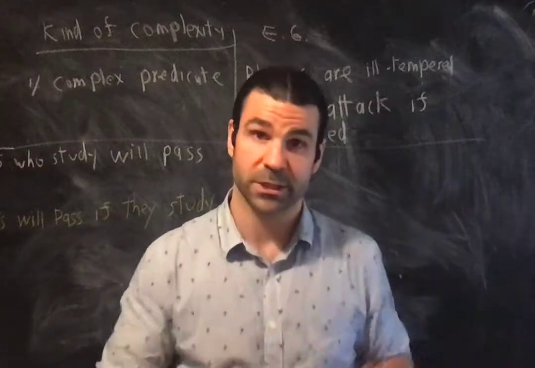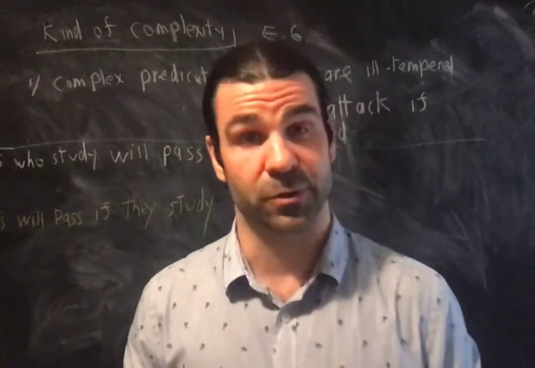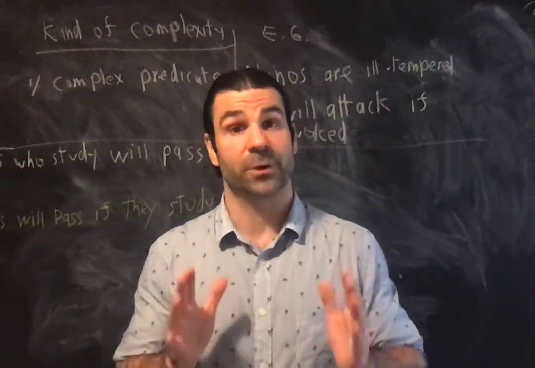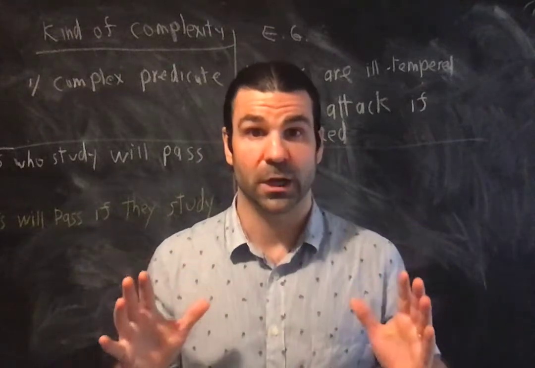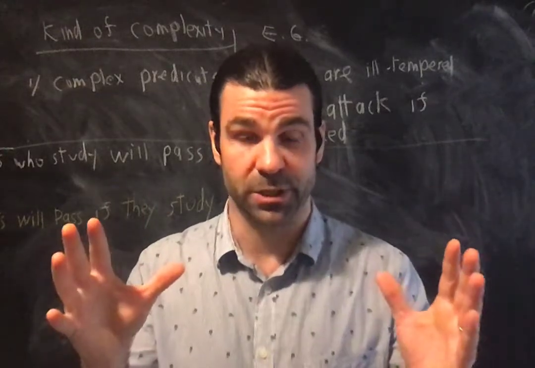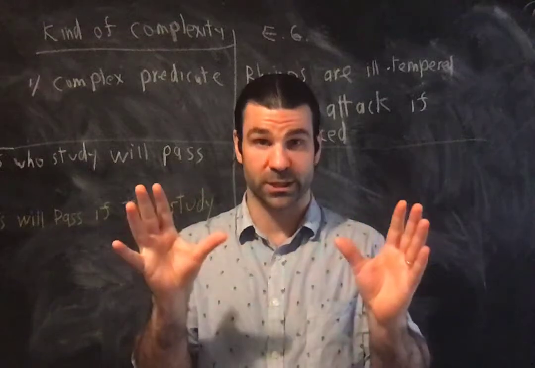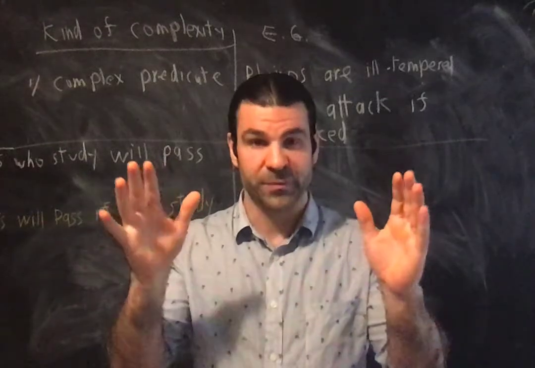And as I said in the lectures for Unit 12, the lesson is very similar to the lesson for translations in sentential logic. So think back to translations in sentential logic, right?